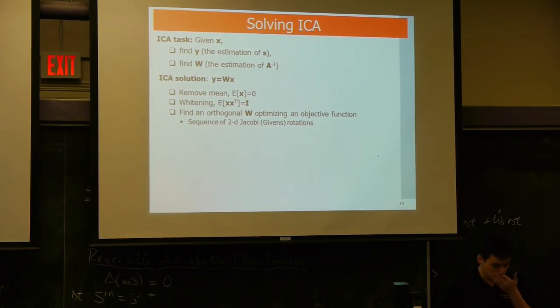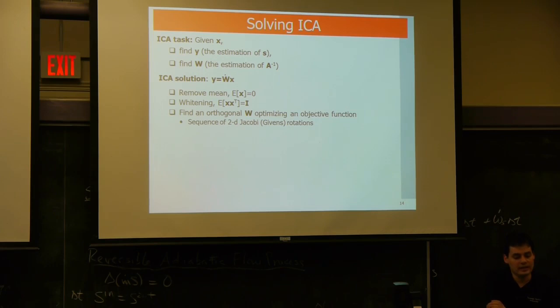Okay, so this is what we have done so far. So the ICA task: we are given observation X. Our goal is to find Y, the estimation of S, and find the W matrix, which will be the estimation of the inverse of A. We will use this model that Y is W times X. And for preprocessing, we remove the mean from our observation X. We did whitening, so we assume that the expected value of X X transpose is the identity matrix.